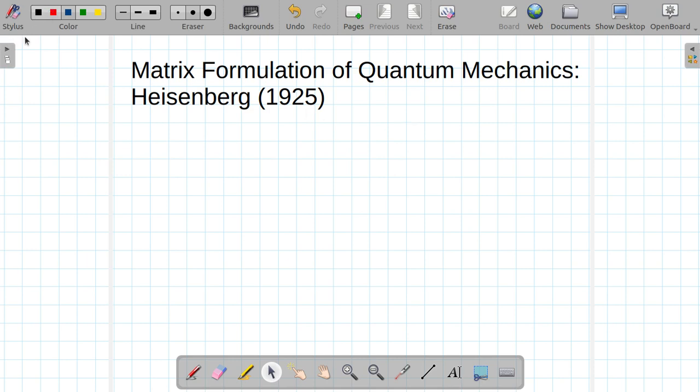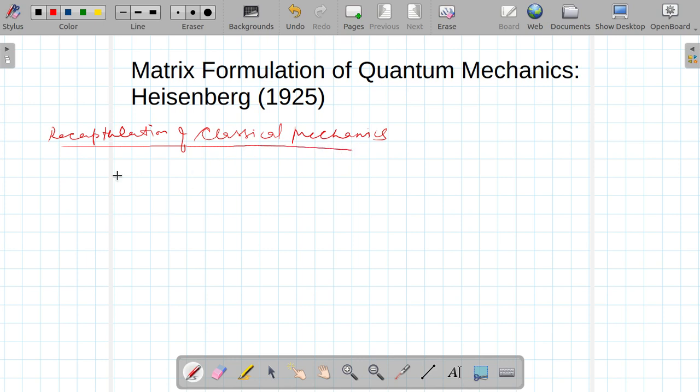Let us recapitulate a few results of classical mechanics. In classical mechanics, we have learned about the Poisson bracket.